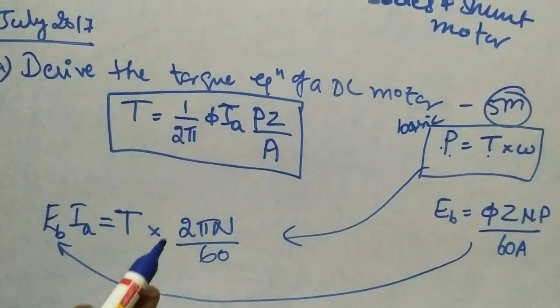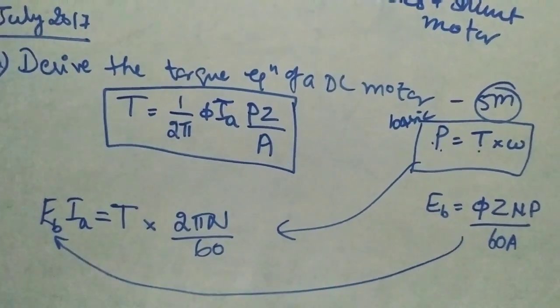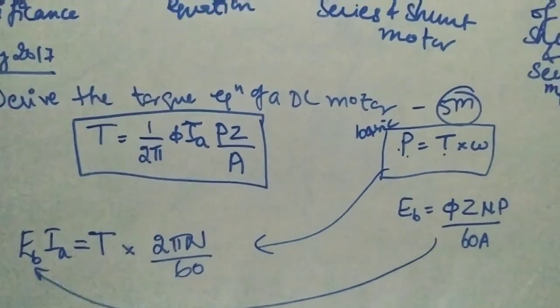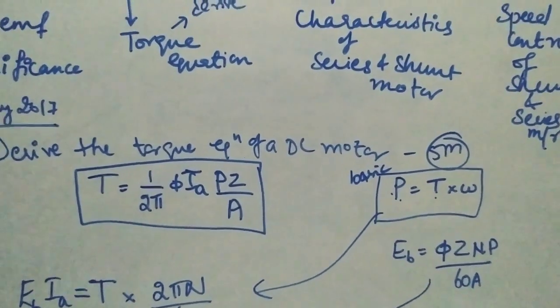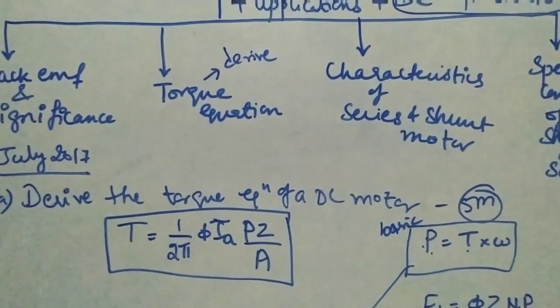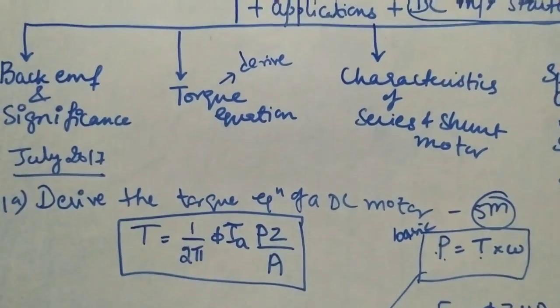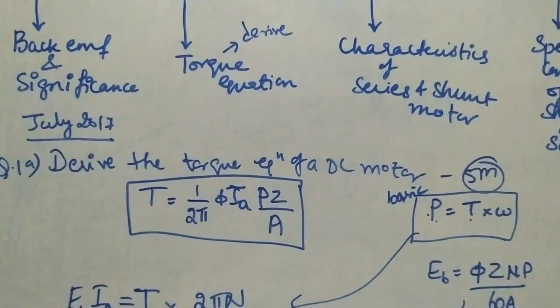So definitely you can reach this value as 1 divided by 2 pi into psi into Ia into Pz divided by A. I hope you have got this easy technique to derive the torque equation of a DC motor.